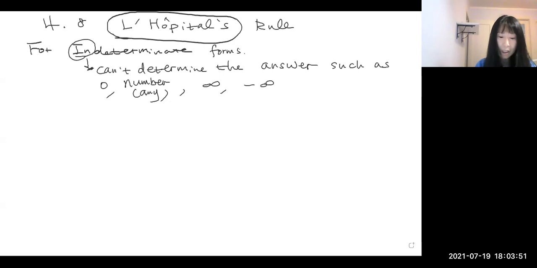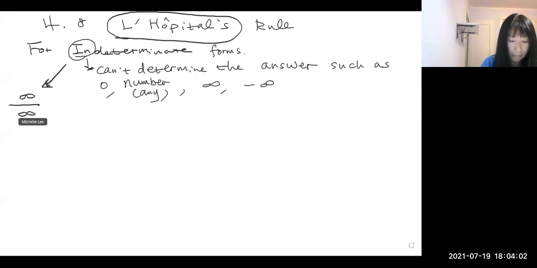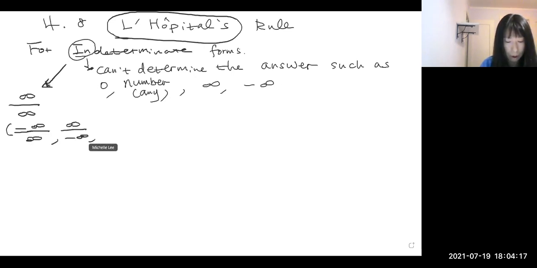But then indeterminate form has the form. How? This is the form, like this. Infinity over infinity. So this is included there, like a negative infinity over positive infinity, or positive infinity over negative infinity, or negative infinity over negative infinity, like that, okay?